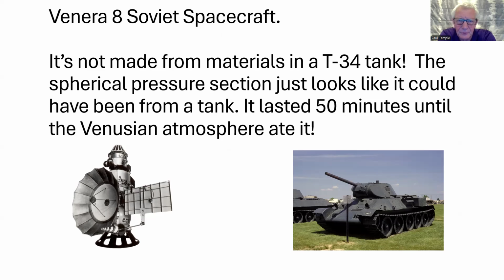And this is the one that discovered that the atmosphere had hydrogen sulfide, oh my gosh, hydrogen sulfide acid in it, clouds of hydrogen sulfide. So this was really one of the first spacecraft to get solid evidence or info on what Venus's atmosphere was like. And on the right-hand side is a T-34 tank.